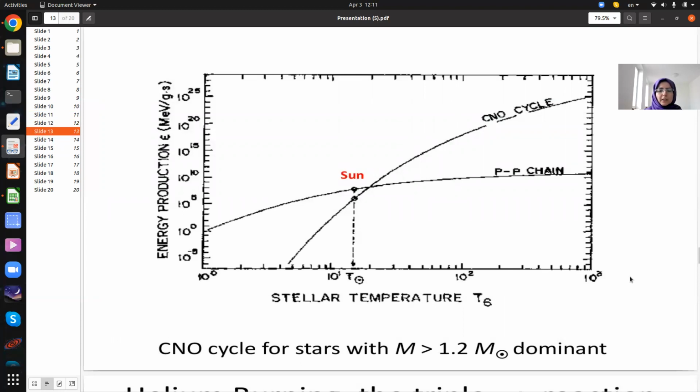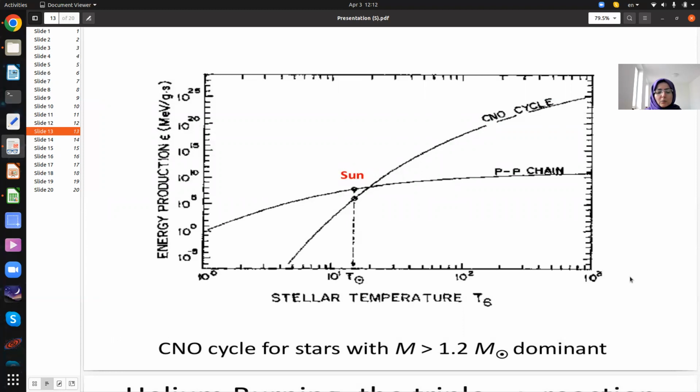Here we have the CNO cycle dominant for stars with mass more than 1.2 solar mass. For stars with mass larger than 1.2 solar mass, more energy is produced by the CNO cycle than the PP chain.